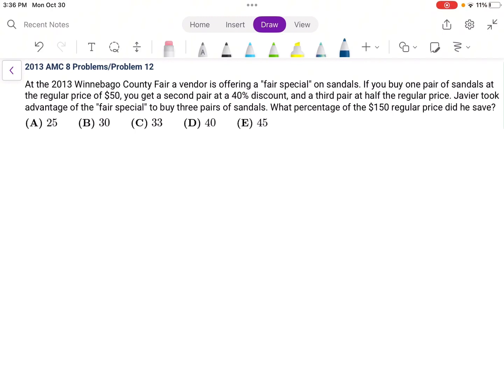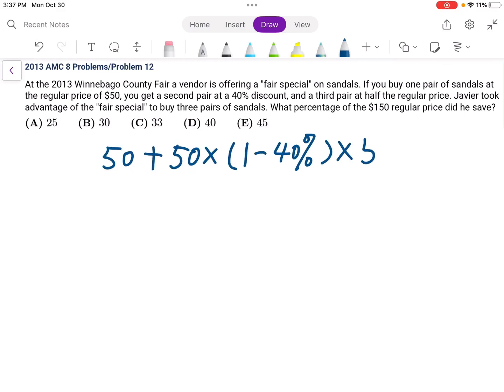Problem 12. Let's calculate the actual money that was spent. For the first pair, he spent $50, and for the second one, he spent 50 multiplied by 1 subtract the 40% off, and the third pair is half price, so that's 50 multiplied by 50%.